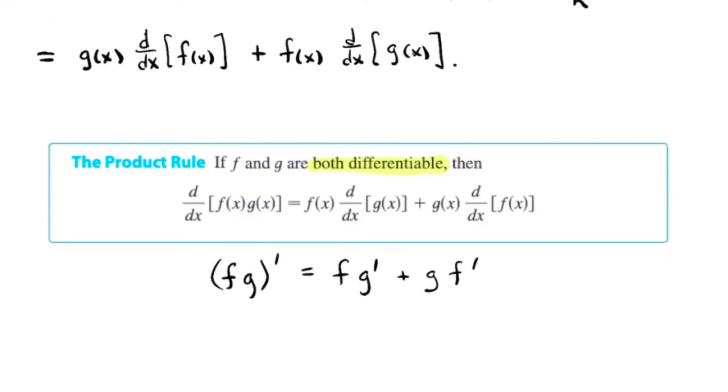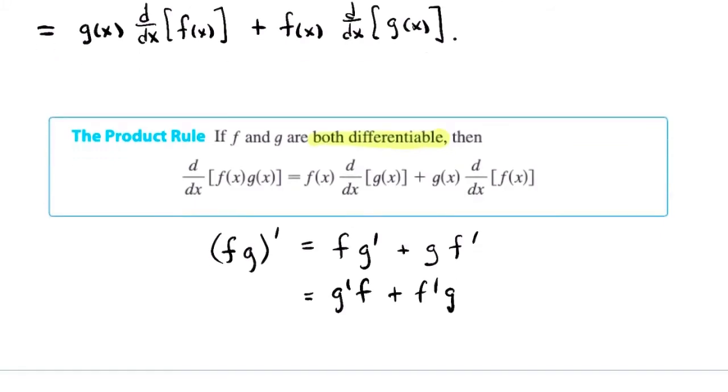And of course, there are different ways to write this formula. Multiplication is commutative, so you can rearrange the order. Addition is commutative. So if you prefer, you could write this as g prime f plus f prime g. There's a whole bunch of different orders you could write these things in. You could write g f prime plus g prime f, and so on. Don't knock yourself out.